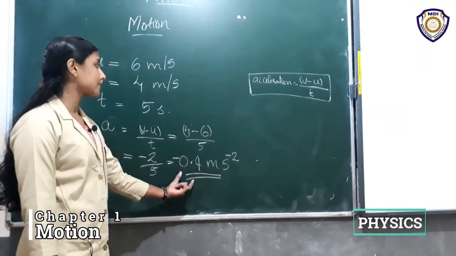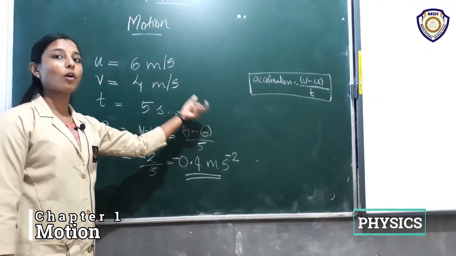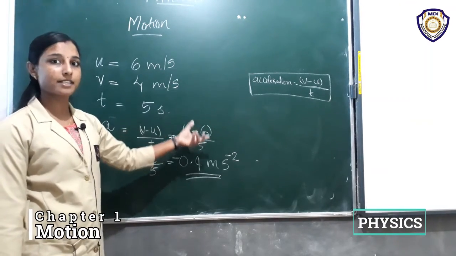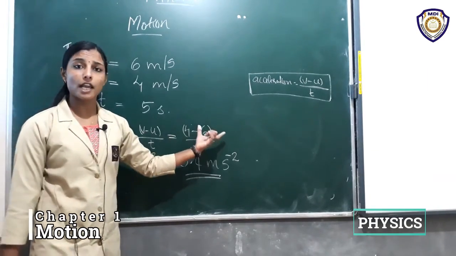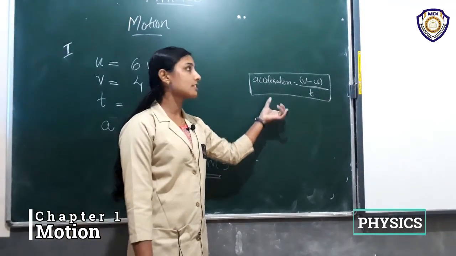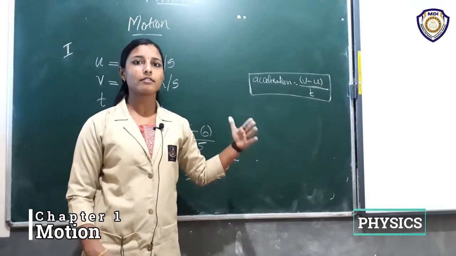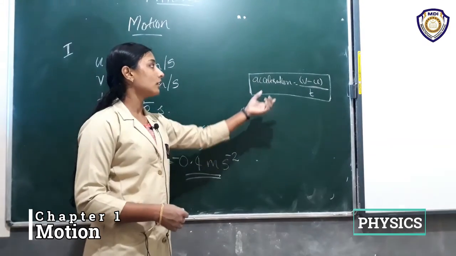The minus sign indicates that the velocity or the speed of the bicycle decreases. We can say this is decelerated. Acceleration means an increase in velocity, or change in velocity that is positive in direction.